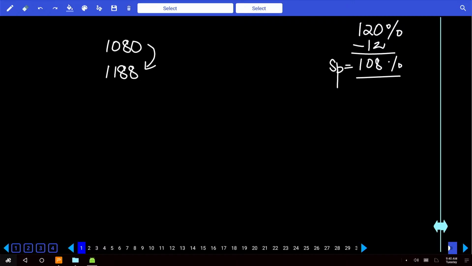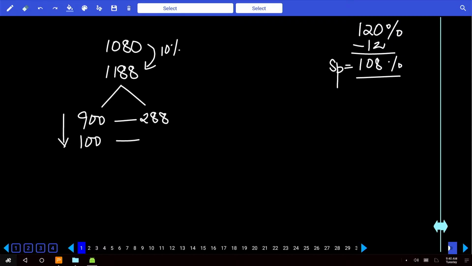We are increasing this by 10% because he cheated while buying and is getting 10% more. Out of this 1188, how many grams is given to the customer? 900 grams. Then what is the profit on the merchant side? 288.